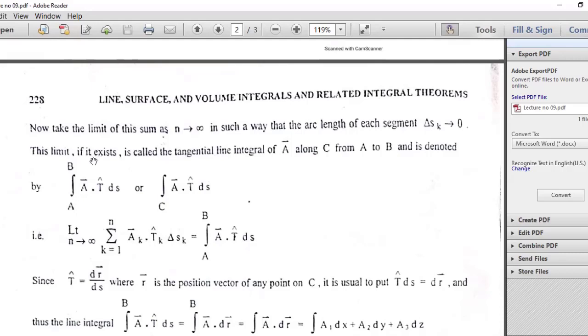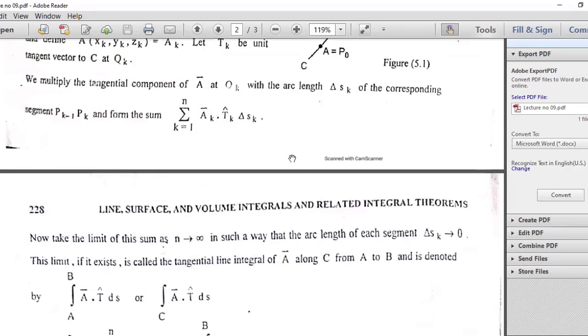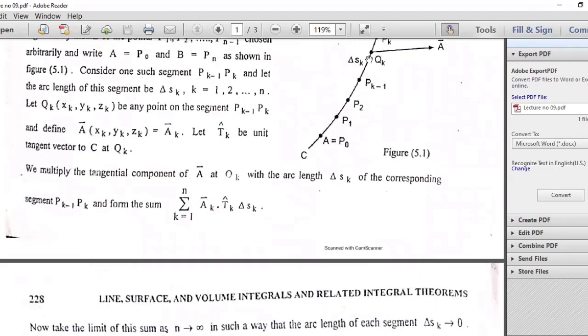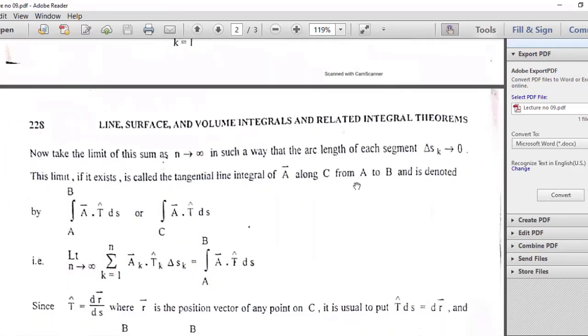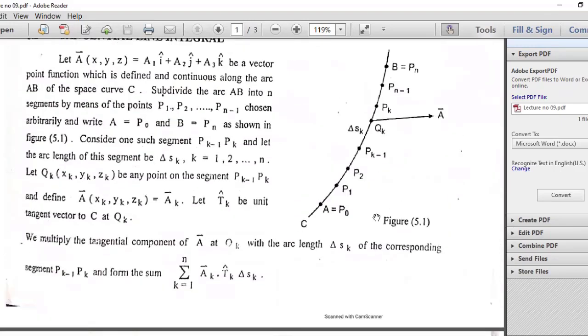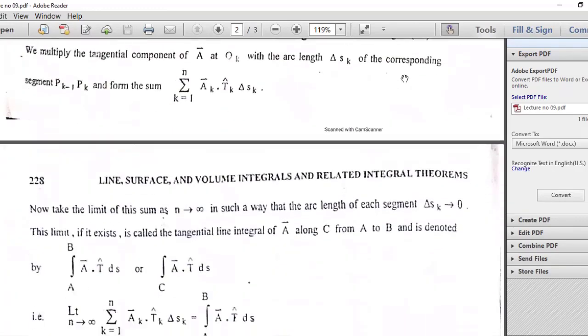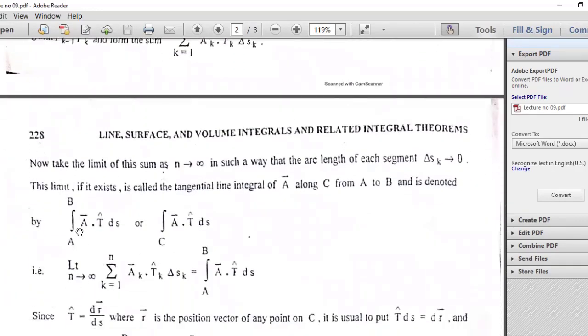This limit, if it exists, is called the tangential line integral of A along the curve C from A to B, and is denoted as the integral from A to B of A dot T ds, or another way we write, instead of AB, C, A dot T, which is the unit tangent vector, ds.